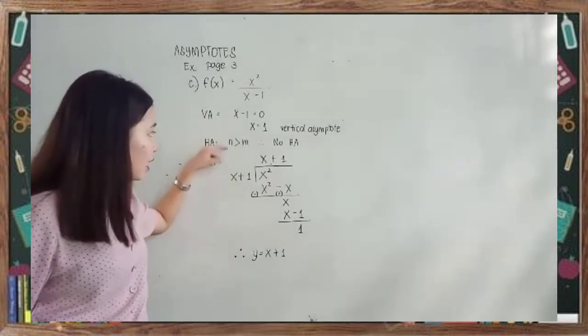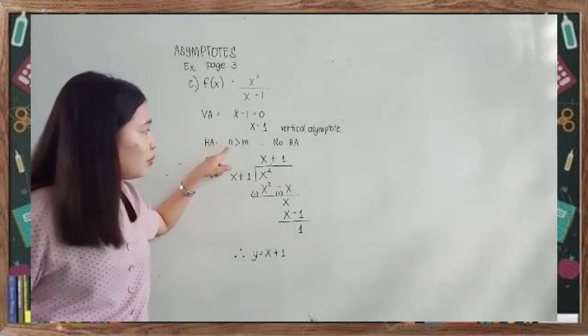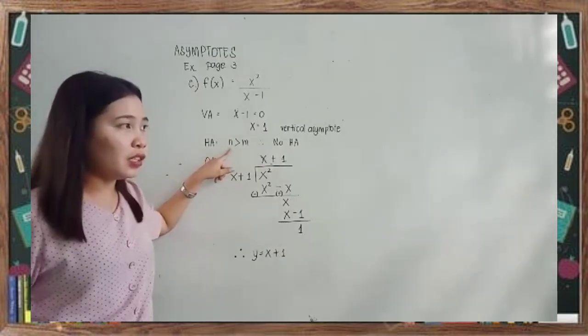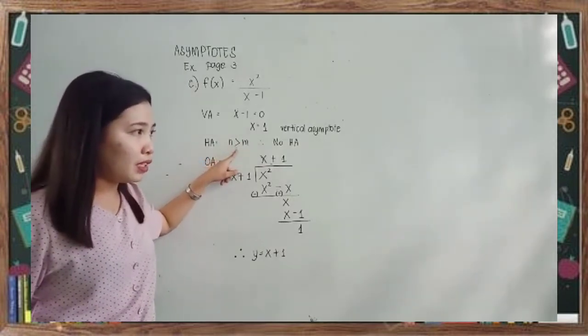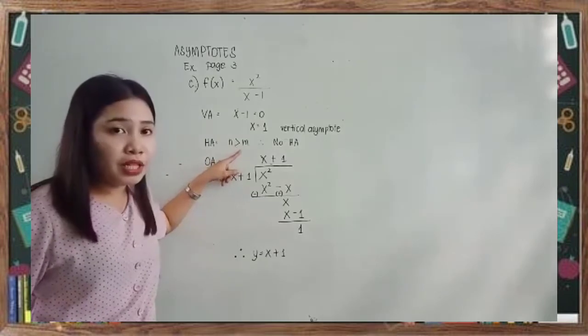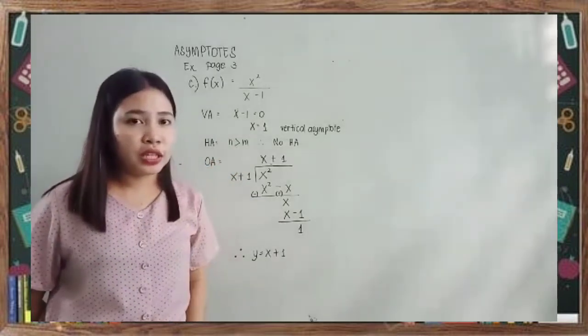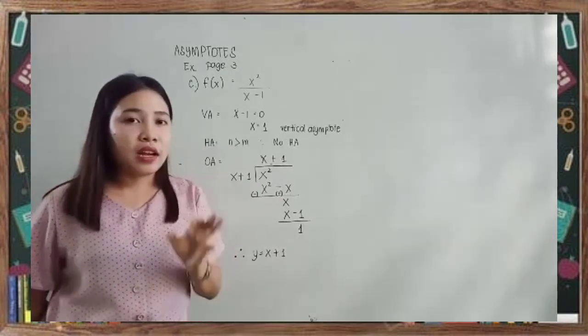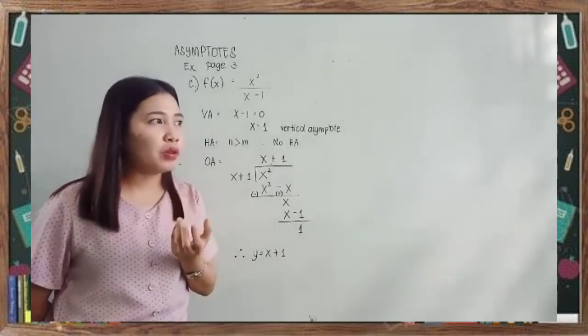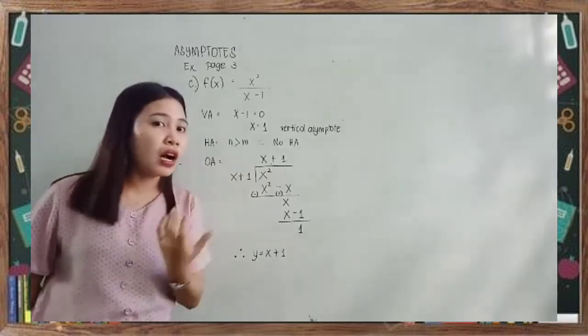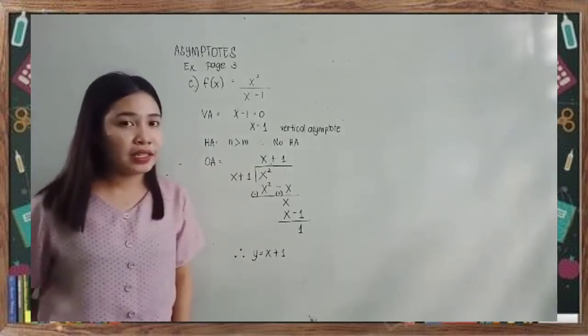So, ibig sabihin, kapag ang degree ng numerator ay mas greater than the degree of the denominator, mawawalan tayo ng horizontal asymptote. Then, since wala tayong horizontal asymptote, may mag-a-occur na oblique asymptote.